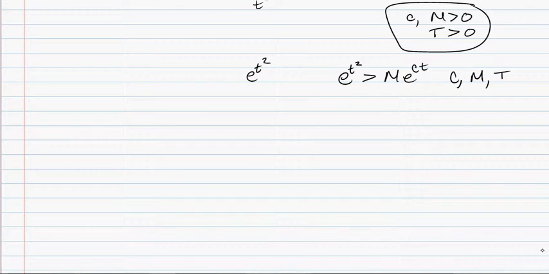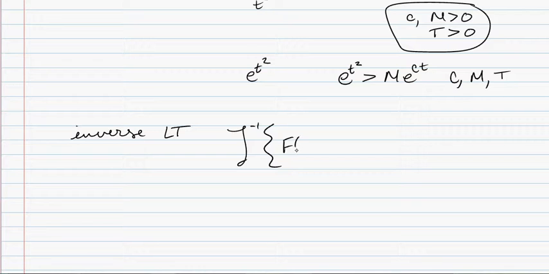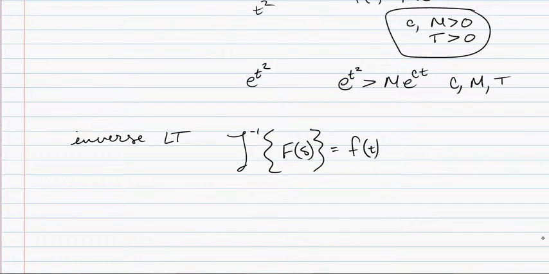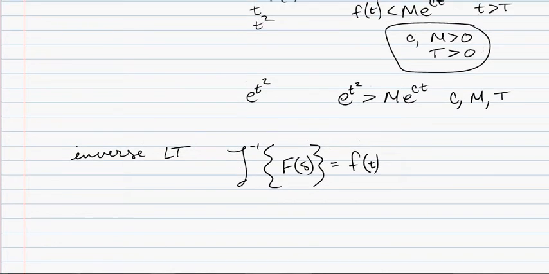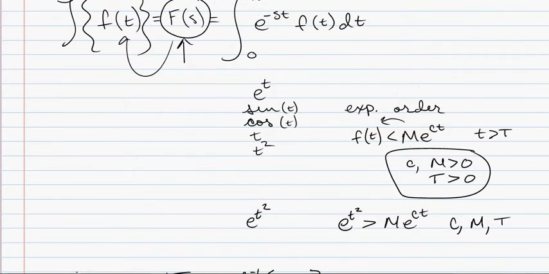Let me write something else here. The inverse Laplace transform, something like this, of a function of a complex variable s, is going to take us back to the original function. So that's going to be the final step in using the Laplace transform to solve a differential equation.